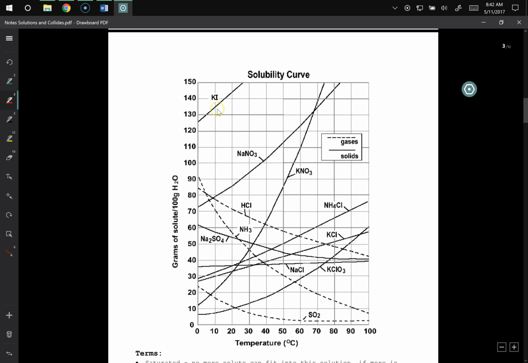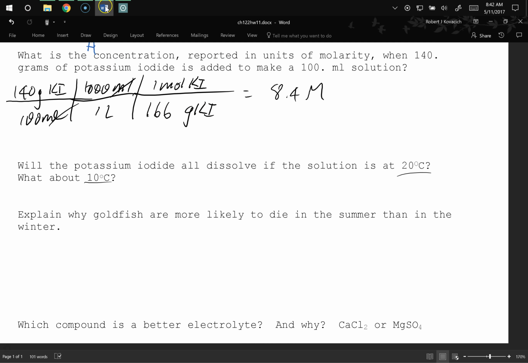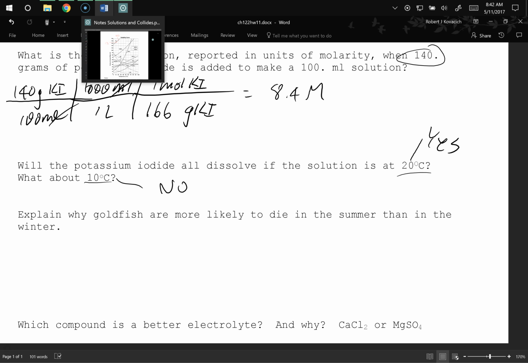I could get, looks like maybe 135, and then at 20 degrees, maybe 144. All right, so what was my question? It was 140 grams, so yes for the 20 and no for the 10. So you'd be able to dissolve 135 grams of that, and then 5 grams of it should be sitting at the bottom.